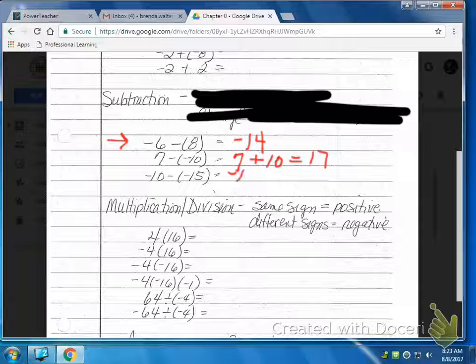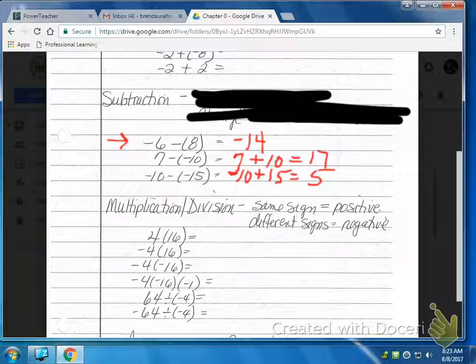So -10 plus 15. Let's think about this. -10, I am $10 in the hole. And I just found 15 on the ground. I've got 5. Questions about that?